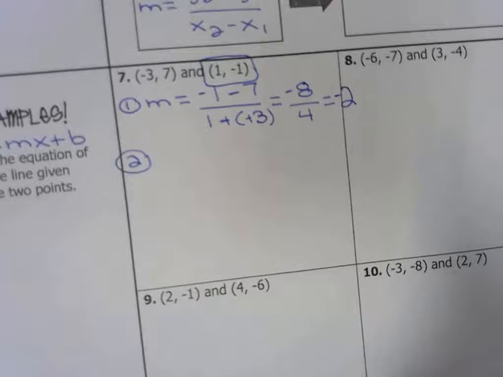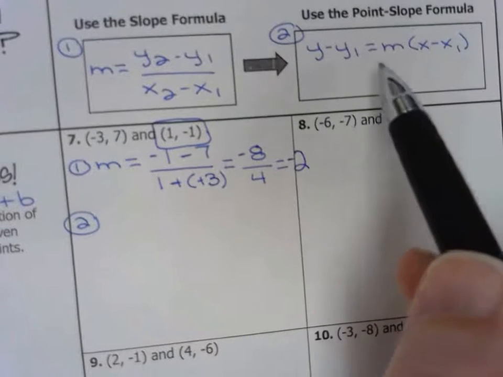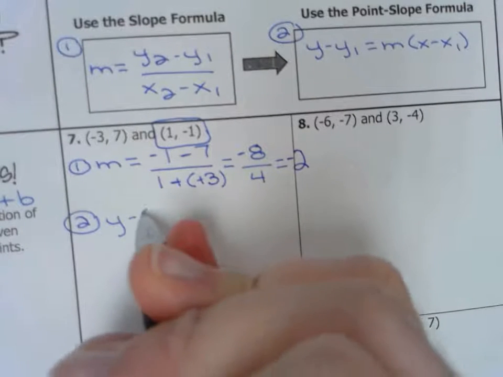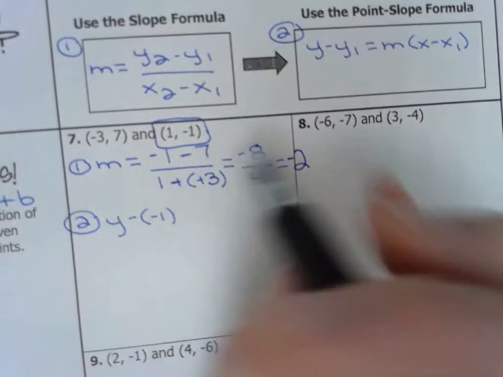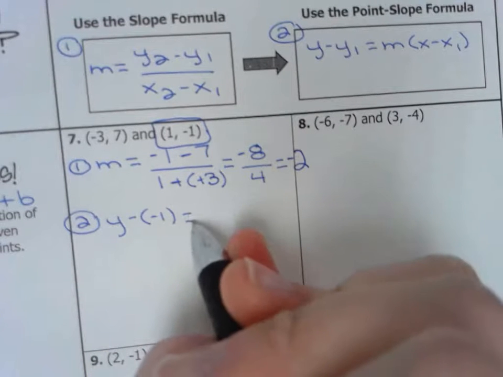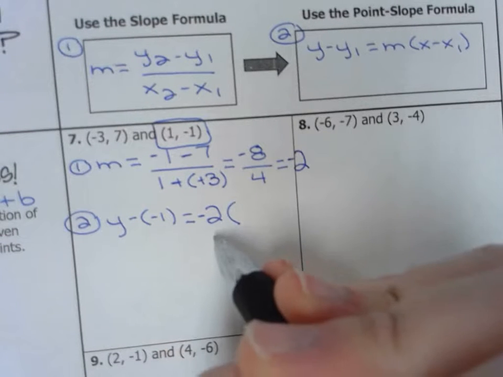And we are going to do like we did on Wednesday. So now we're going to use this formula. y minus -1, the y value in the ordered pair I choose, equals your slope, which I just found to be -2, times x minus 1. So your m, we just do what? It does not matter.